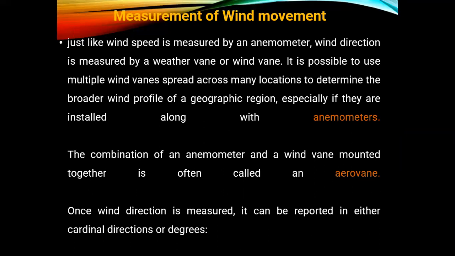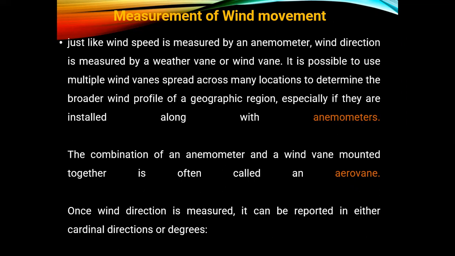Measurement of wind movement. Just like wind speed is measured by an anemometer, wind direction is measured by a weather vane or wind vane. Wind has direction and speed. Speed is measured by an anemometer and direction is measured by the wind vane.